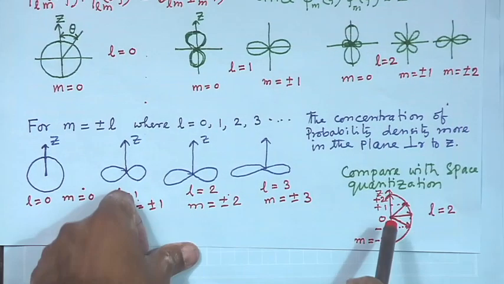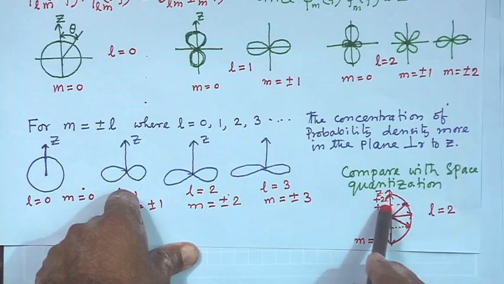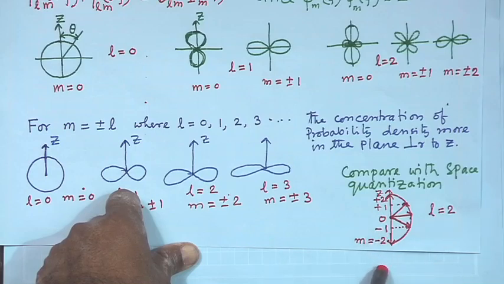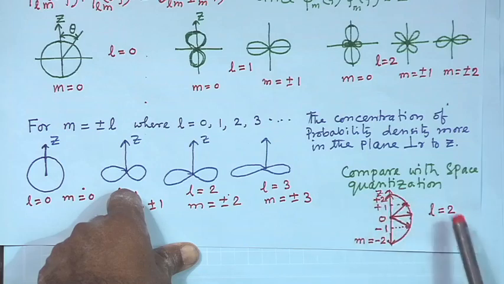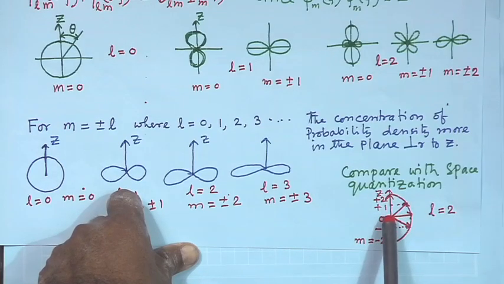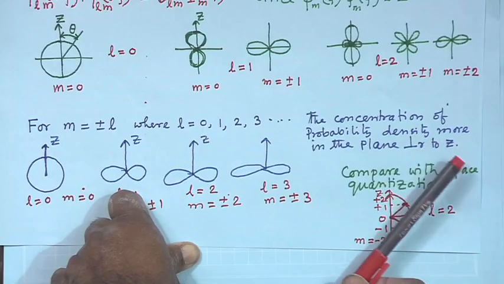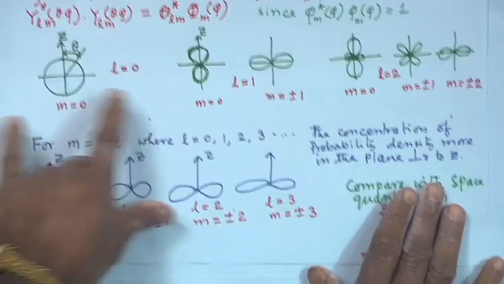This projection will be an integer value: plus 1, plus 2, 0, minus 1 or minus 2. These are the 5 possibilities. When m equal to plus 2, which is equal to L, the projection is maximum, that means the direction of the angular momentum is along the z direction. That is why we get maximum projection.